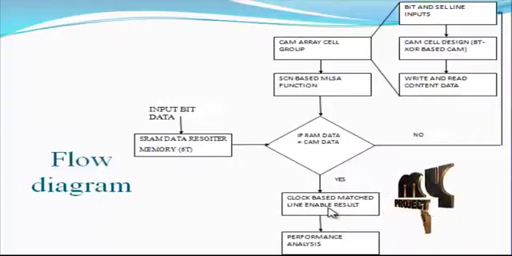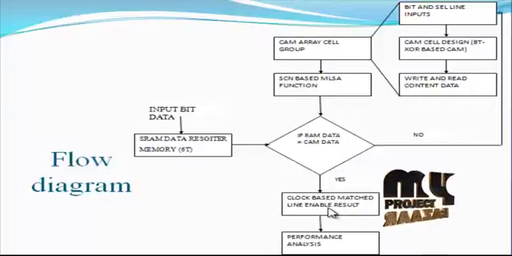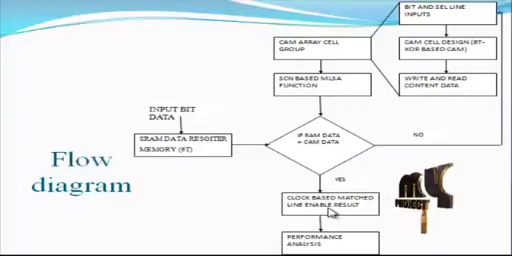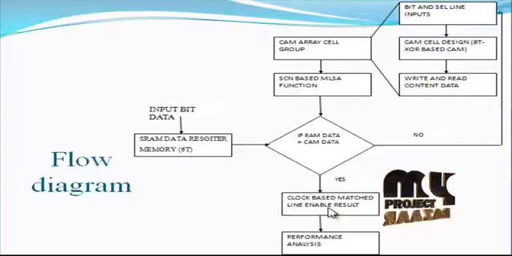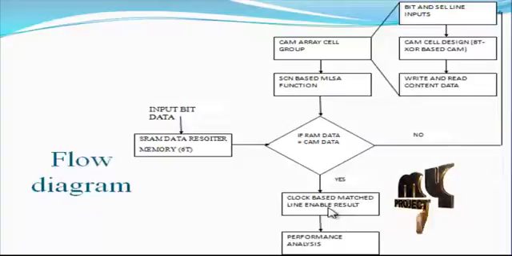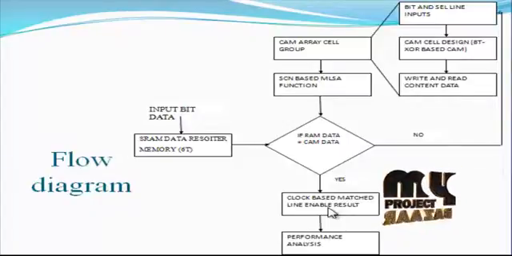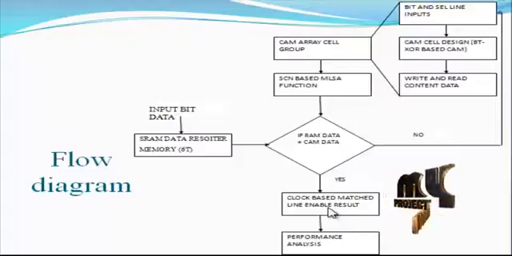This enabling function is controlled by a clocking sequence applied to the overall architecture. Then we analyze the clocking sequence based match line detection. If the match line is correct, then go to the performance analysis. This performance analysis identifies the power and overall circuit processing.